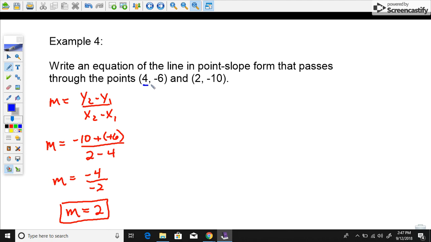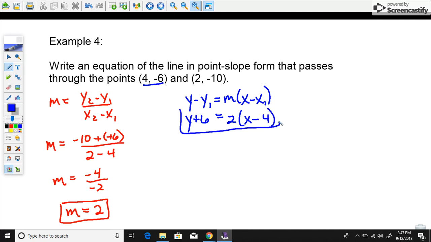So I'm going to choose this point right now. Here's my point slope form. So y minus the y coordinate, which is -6, so I'm going to make that +6, equals my slope that I found earlier, times the quantity x minus my x coordinate, which was 4. Using that point, here's point slope form.